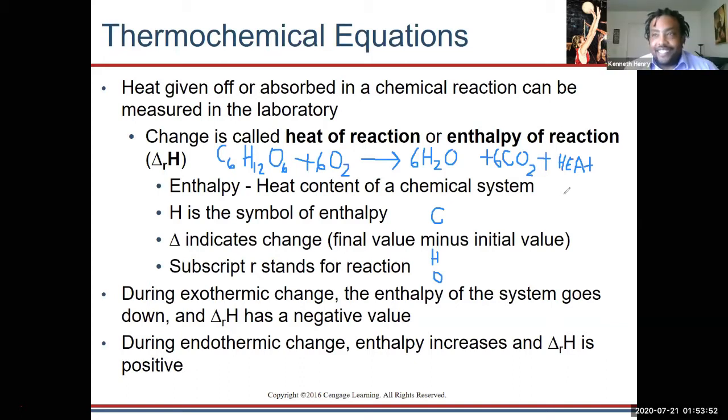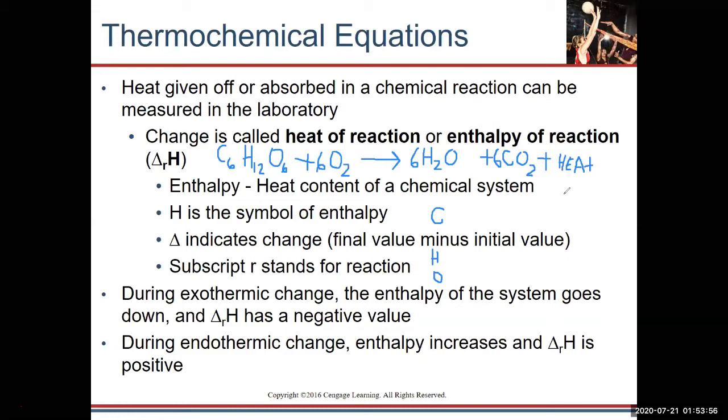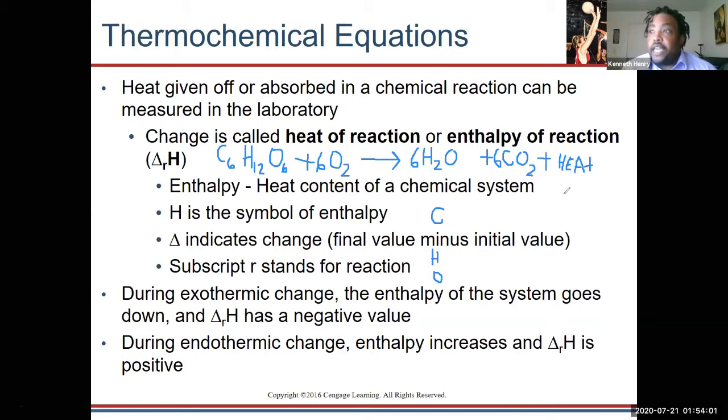That's right, and that's why they start to vomit. Okay, is this an endothermic or an exothermic reaction? Exothermic, because we're putting the heat on the other side of the equation.